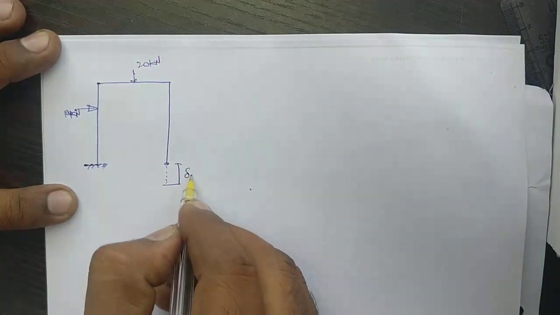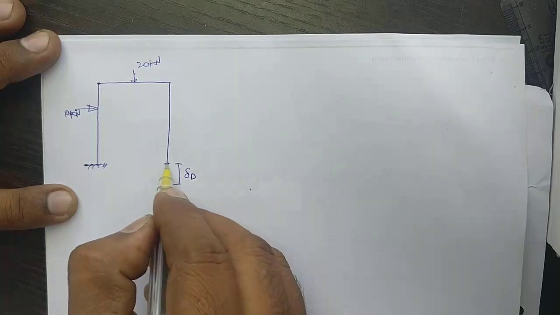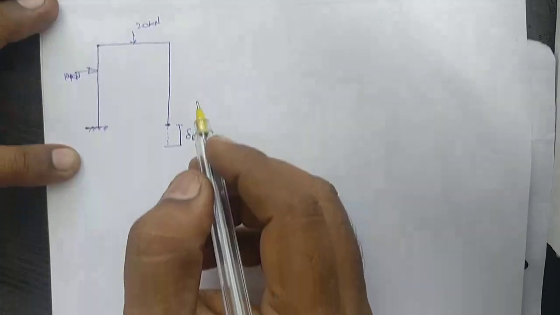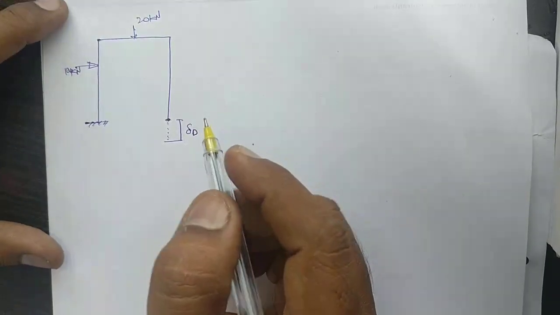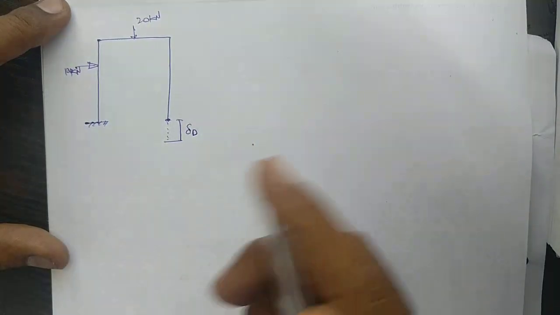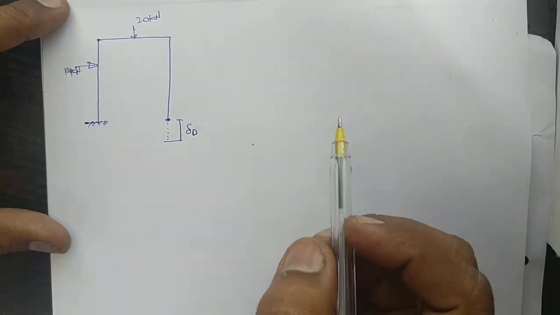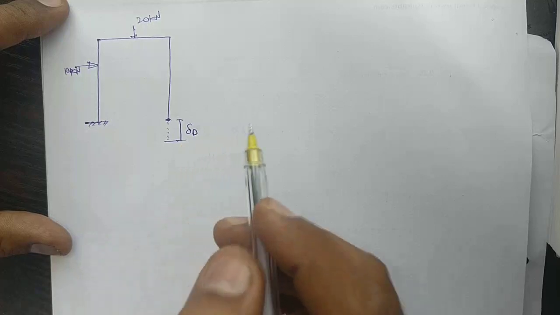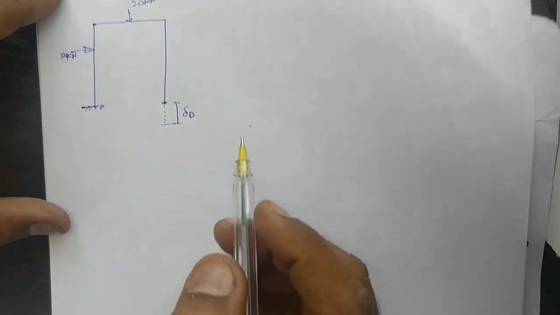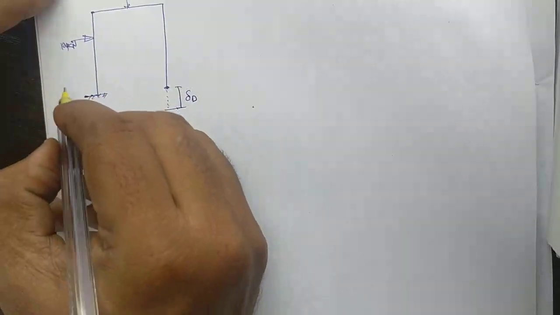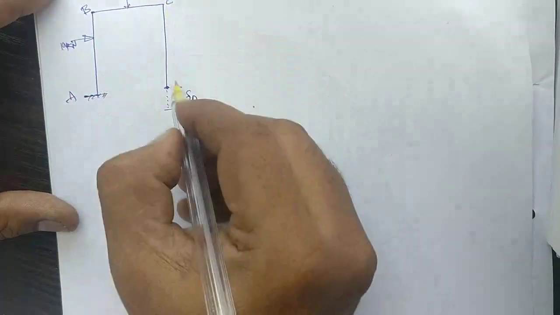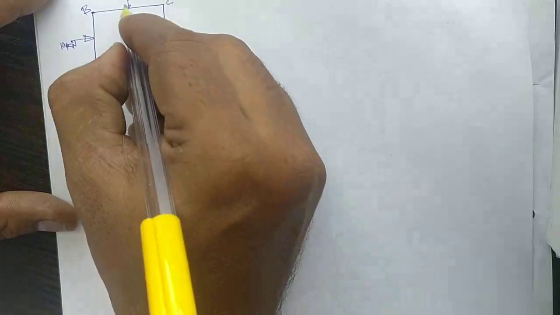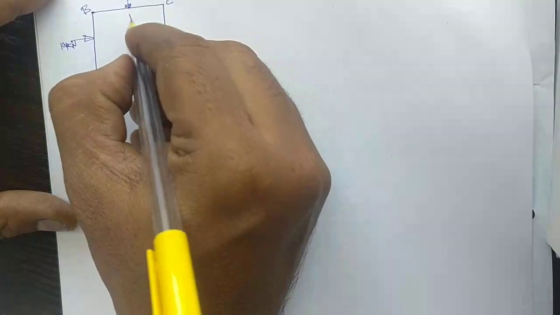This will be delta D. So how will we do it? Using the unit load method. What is the unit load? We divide the frame into portions A, B, C, D, this point as F, this point as E.